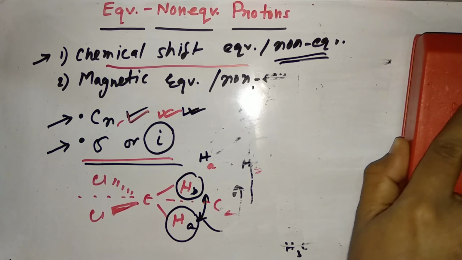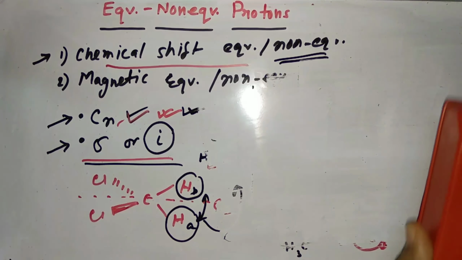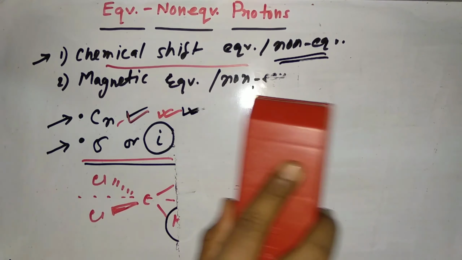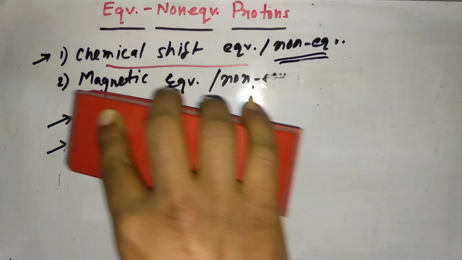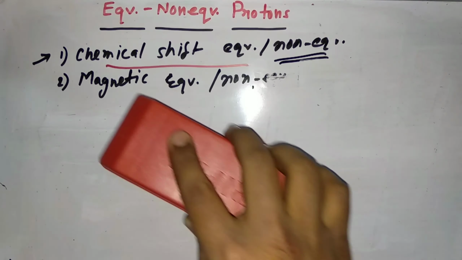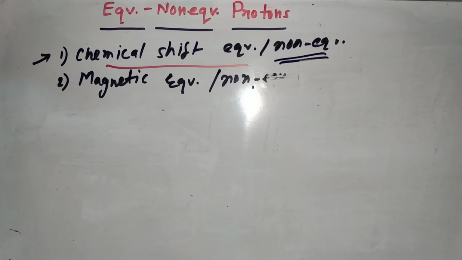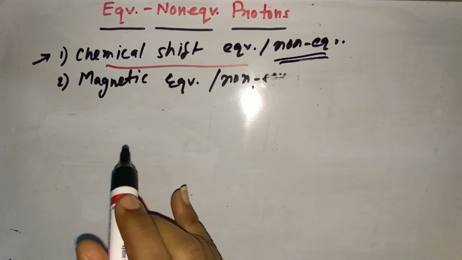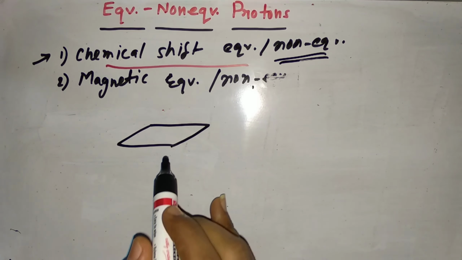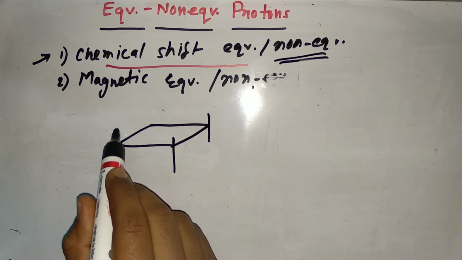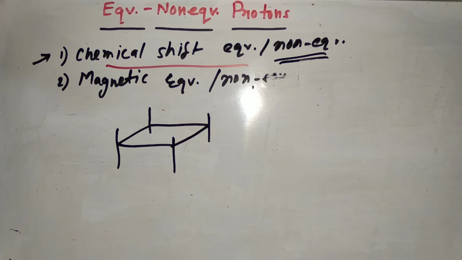Now coming to I, and how the inversion center can be applied to check whether a system's hydrogens are chemically equivalent or not. Let's take an example like this. This may be a complicated example, but you can easily understand what I am trying to say.